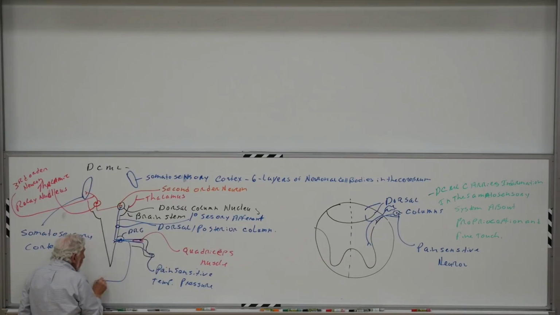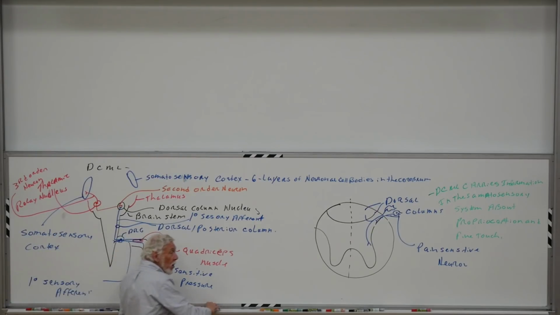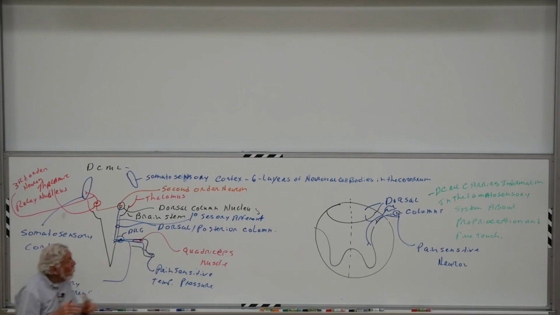So this neuron comes immediately into the spinal cord and forms a synapse. You'll recognize the way we've drawn this, that this is meant to be the primary sensory afferent. The primary sensory afferent, you'll know from the generalization, is intended to synapse onto the second-order neuron.